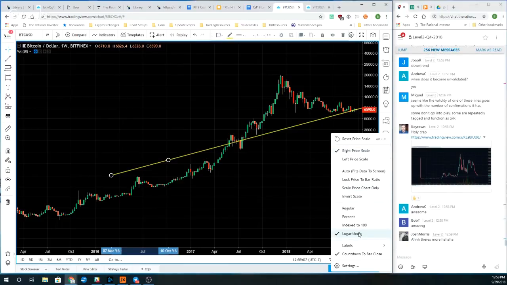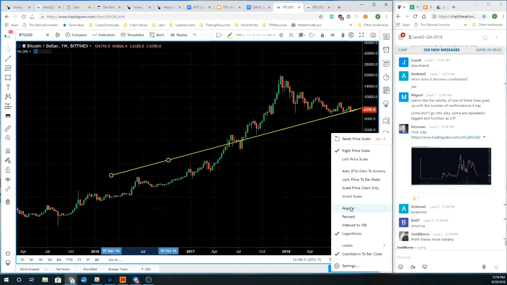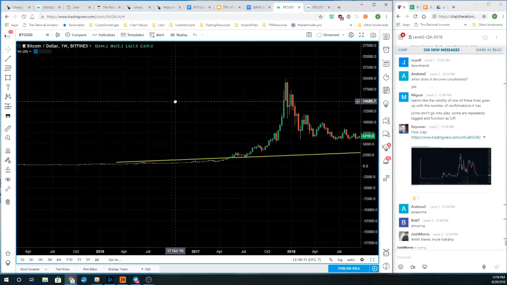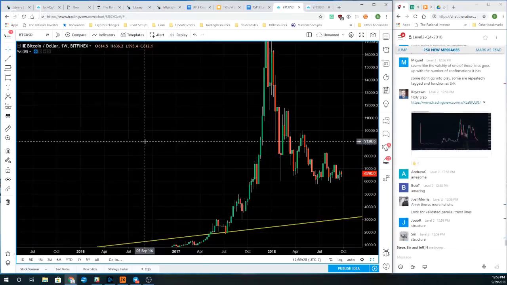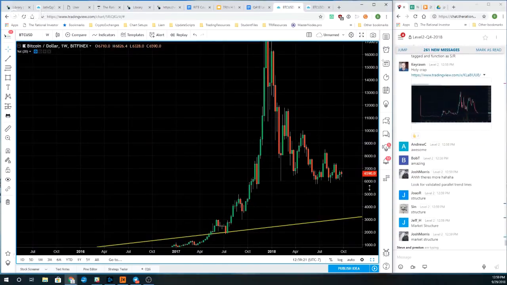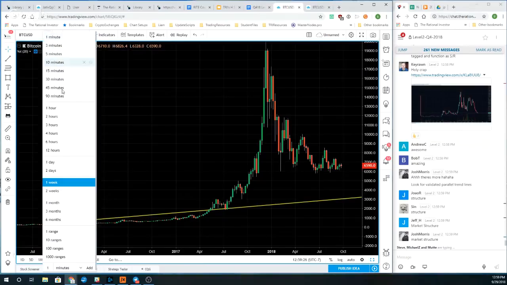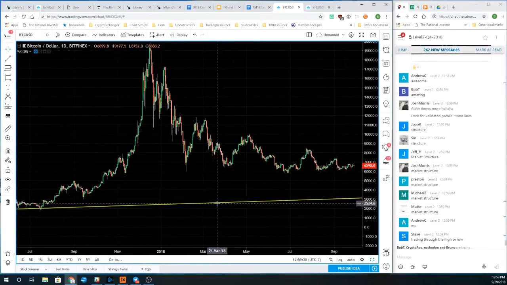What is it that actually validates a trend line? Anybody remember? Market structure! Way to go. You got it. Awesome.